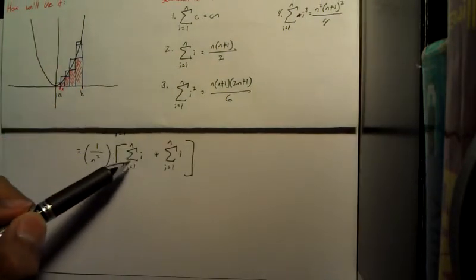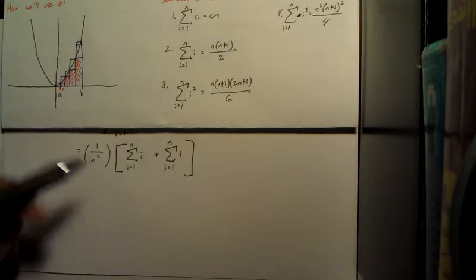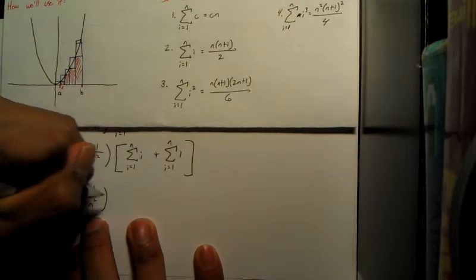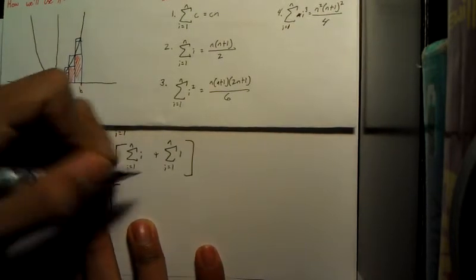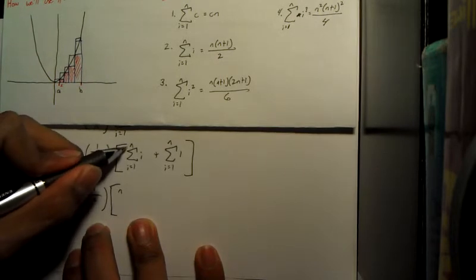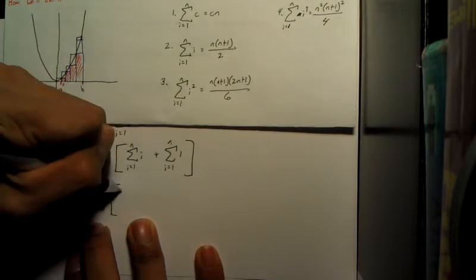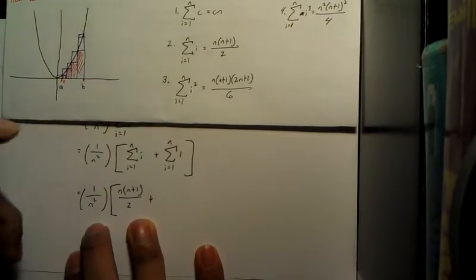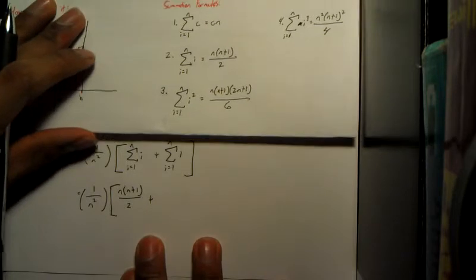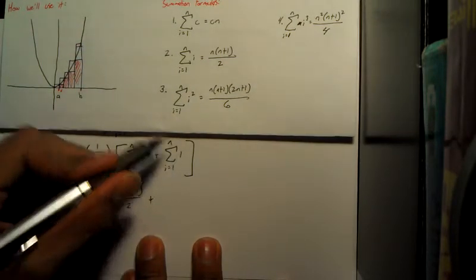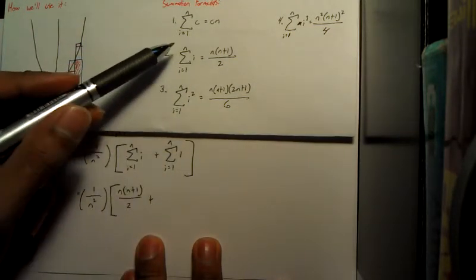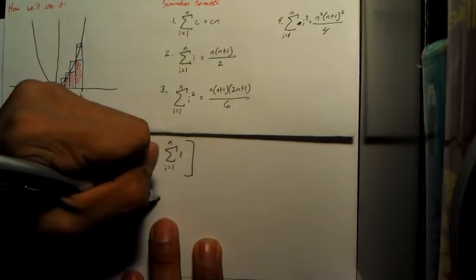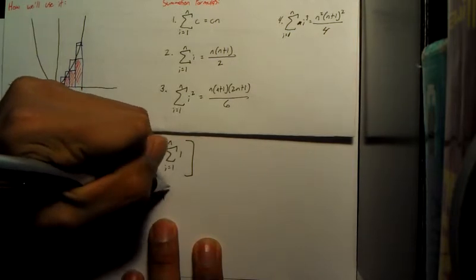Make a substitution for i for this first one right here. Because we don't have a specified value for n, we're just going to leave it as n. So n times n plus 1 over 2 plus, and then this applies for rule number 1. In this case, 1 is c, and then n stays n, so n times 1 is just n.